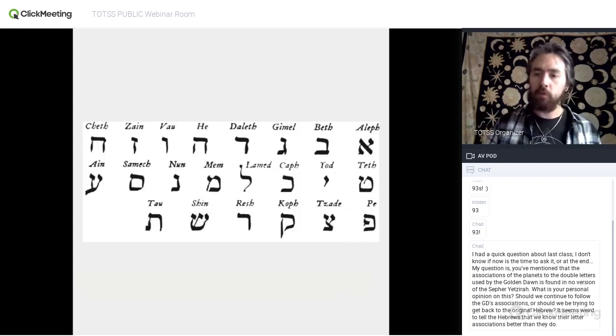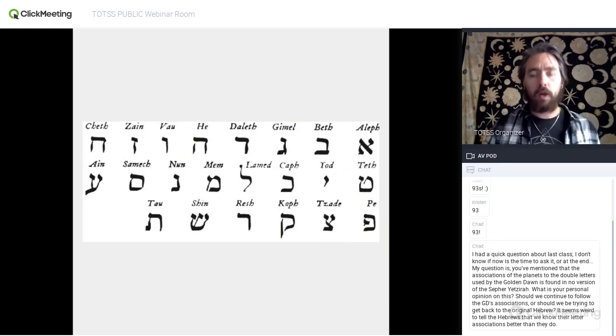So most contemporary Jewish Kabbalists are not doing the original attributions. In the Ari Gra version, they actually changed the attributions in the Sefer Yetzirah to fit closer to the Zohar. And of course, they would claim that the Zohar goes back into biblical times, but most scholars will tell you that the Zohar was written in the 13th or maybe early 14th century.